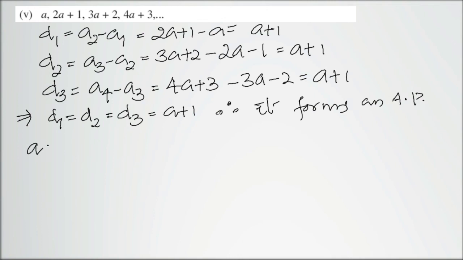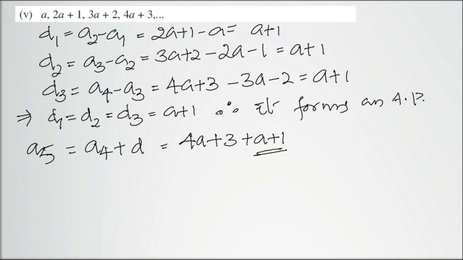With this, I can find the fifth term, which is a4 plus the common difference. a4 is 4a plus 3 plus a plus 1, the common difference. When added, we get 5a plus 4. The sixth term is a5 plus d.